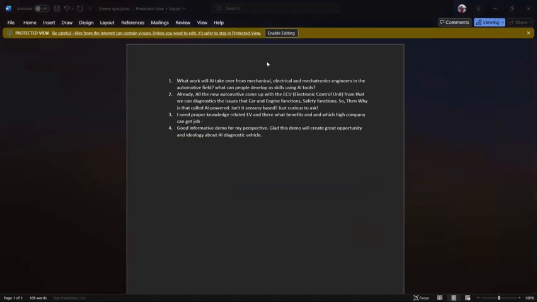First, what work will AI take over from mechanical, electrical, and mechatronics engineers in the automotive field, and what skills can people develop using AI tools? Remember, as I have said, AI will take three things: dumb, duplicate, and dangerous work. Dumb work means continuous work like billing.